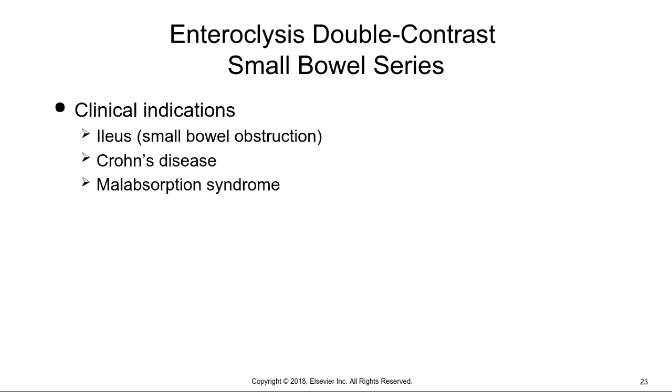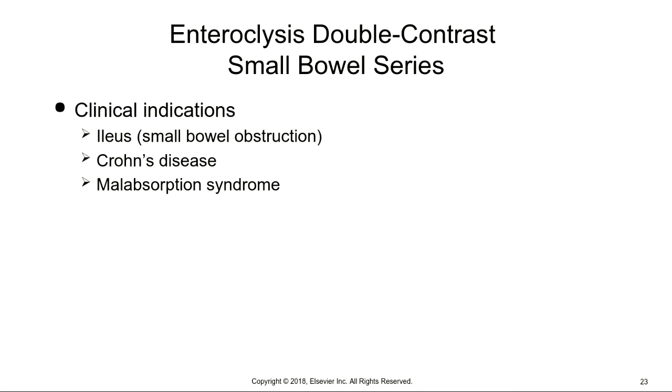An enterocolitis. Now this is a double contrast study of the small bowel. This is on page 498. Some of the clinical indications, if a patient was to have this, they might be trying to rule out small bowel ileus, regional enteritis or Crohn's disease, or malabsorption syndrome.